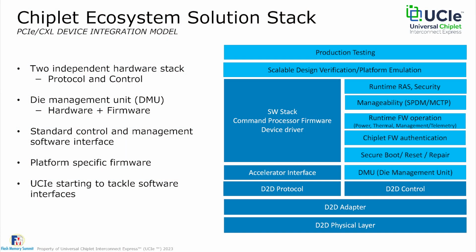So we need a significant effort from companies like Synopsys and Cadence to support much of this. And then there's the production testing, which I already talked about, right? Who's going to build the content? All of this is being worked on, and it's going to take some time. But as products start to show up, you're going to see that all of these are going to get built.